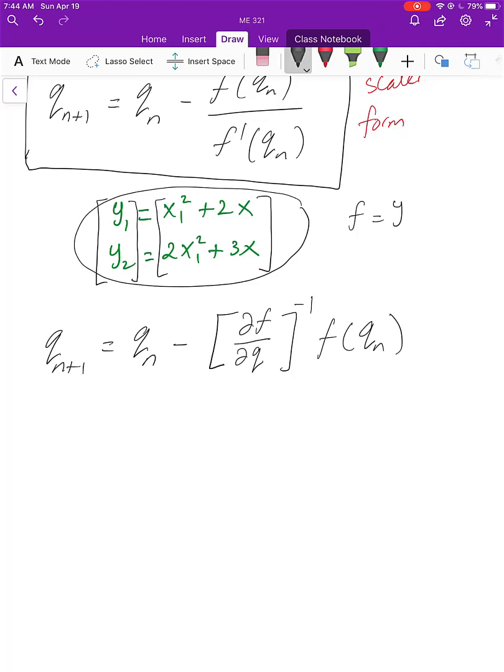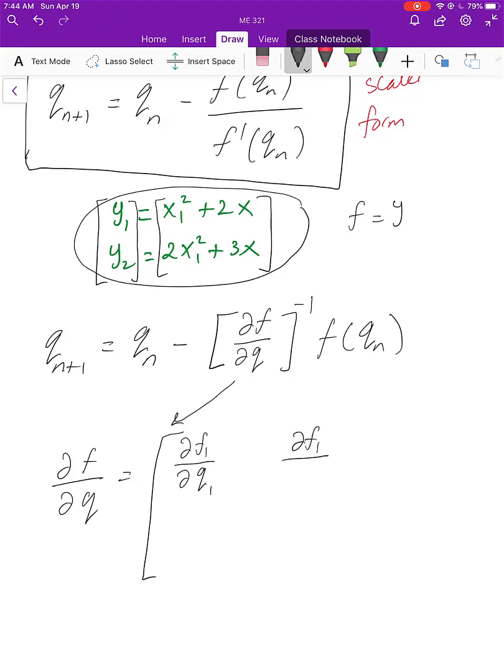The Jacobian matrix, which is the partial derivative of f over the partial derivative of q, is equal to the partial derivative of the first equation with respect to its first variable and the partial derivative of the first equation with respect to the second variable, and the partial derivative of the second equation with respect to the first variable and the partial derivative of the second equation with respect to the second variable, which is q2.